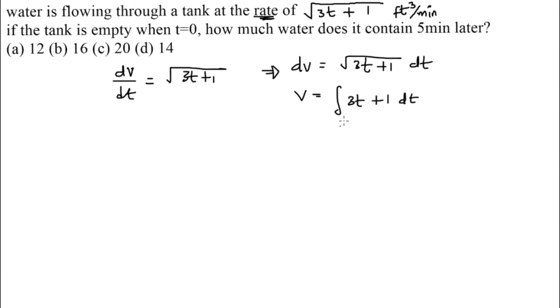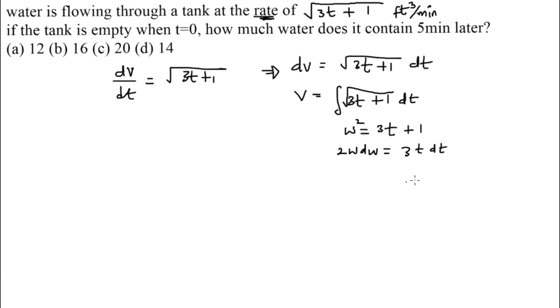To integrate something of this nature, I can say let w squared be equal to 3t plus 1, so that 2w dw will be equal to 3 dt. If you differentiate w squared, you will have 2w. You can check my video where I talk about differentiation.